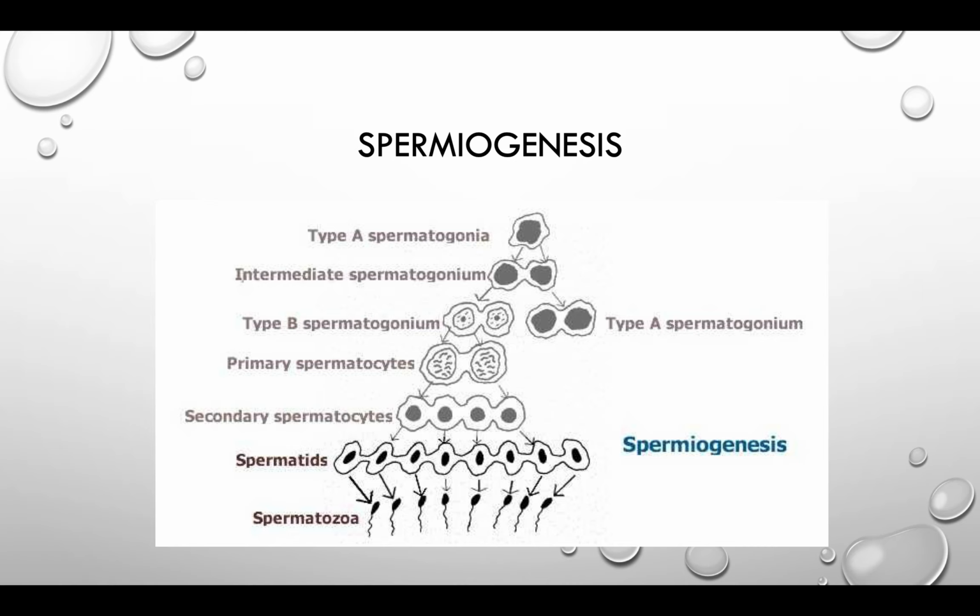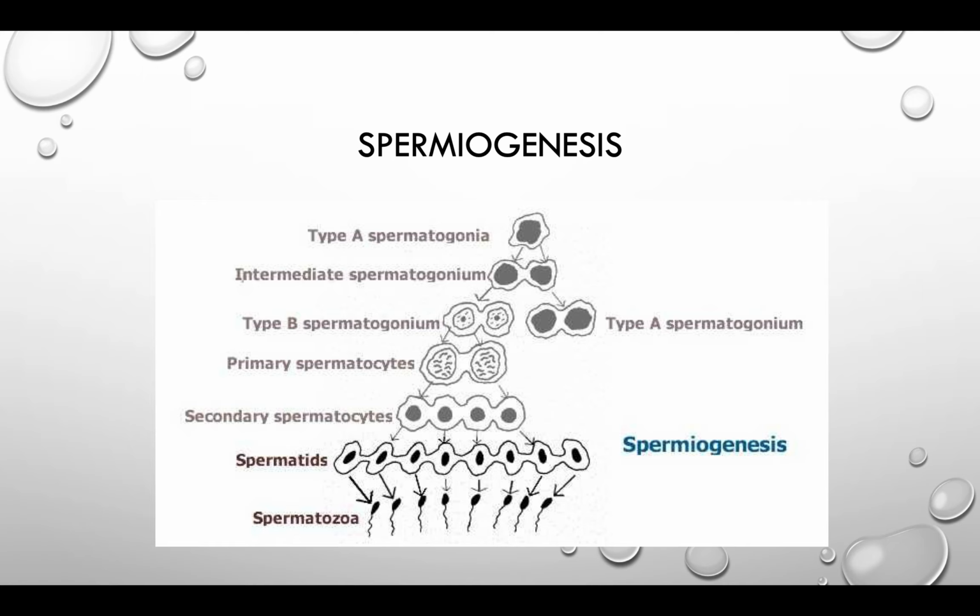Spermatozoa are released into the lumen of the seminiferous tubule, and a small amount of excess cytoplasm is shed later in the epididymis. So as we can see here, these will be the residual bodies that will be left after the sperm mature into spermatozoa that can actually function and enter the seminiferous tubule.